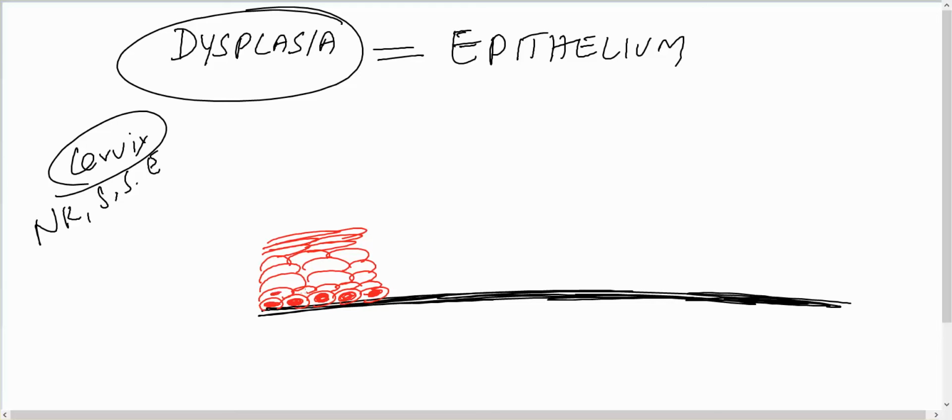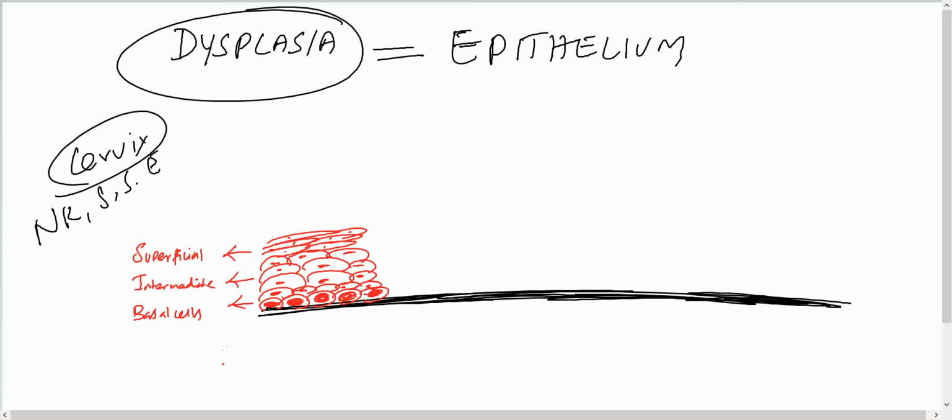Intermediate cells have a medium sized nucleus, and when they become superficial cells, they have a dot-like nucleus. So this is the superficial cells, this is the intermediate squamous cells, and this is the basal cells.